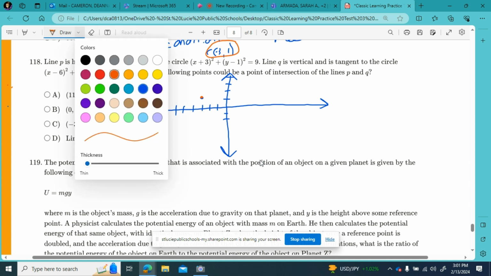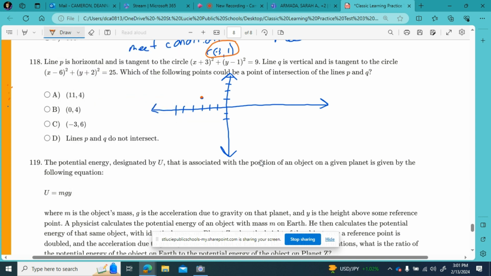So our circle looks something like up 3, down 3, and then it's a circle, something like this.